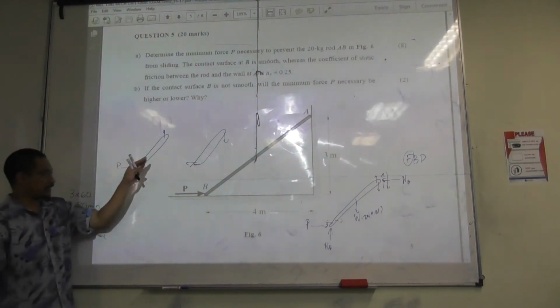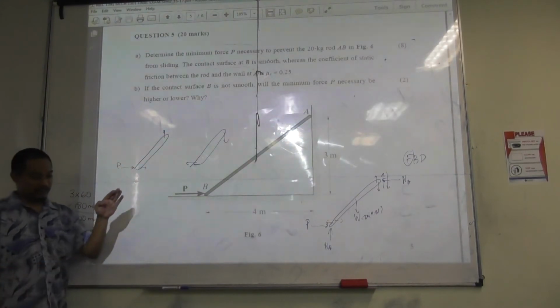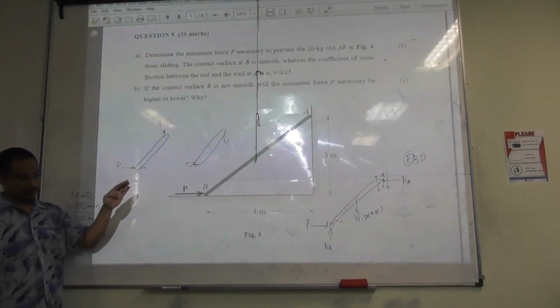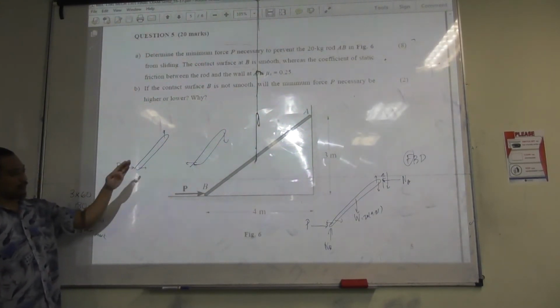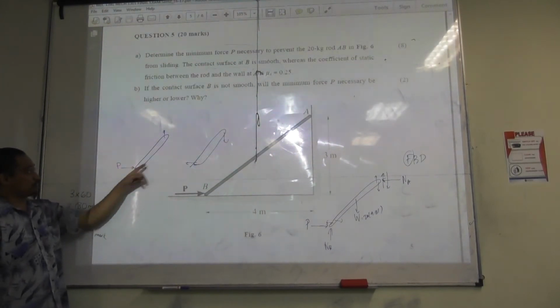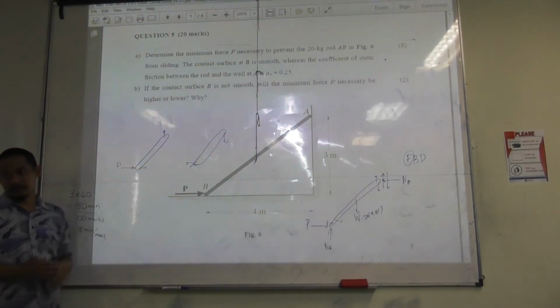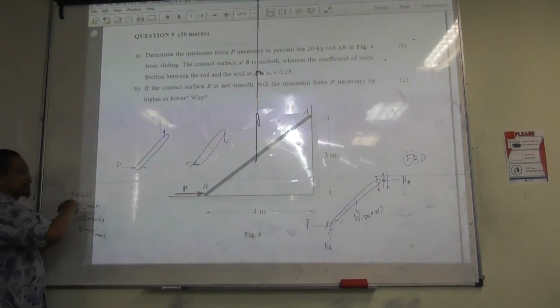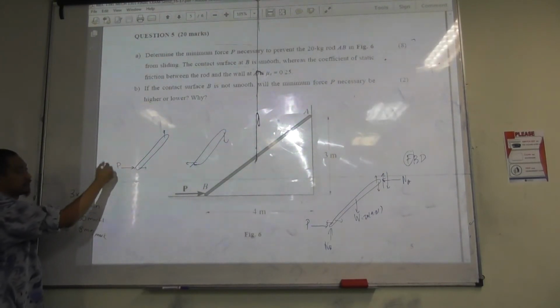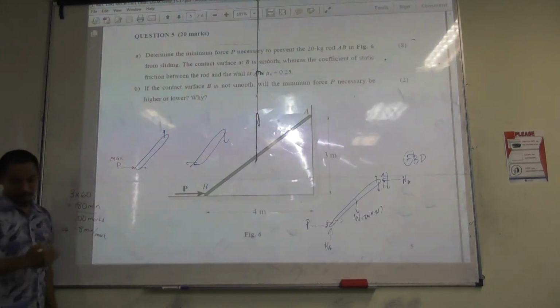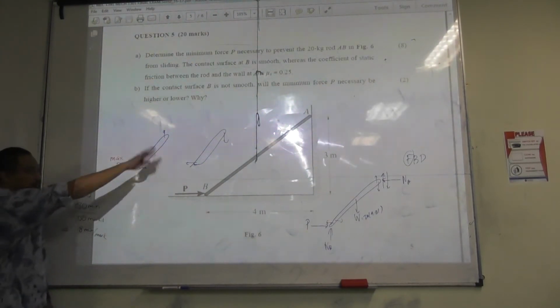Because we are talking about static, meaning it is just before it moves up. Meaning the question is P, the maximum or minimum? Maximum, right? Because at that limit it's still static. After you reach more force, then it will push up, right?